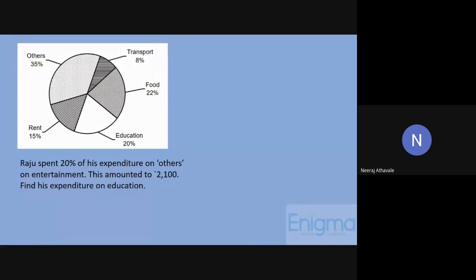Okay. So now let's see how to get this. 20% of his expenditure on others. Okay. So 20% in fraction will come to 1/5. On others. Okay. What is the percentage of others? 35%. Okay.